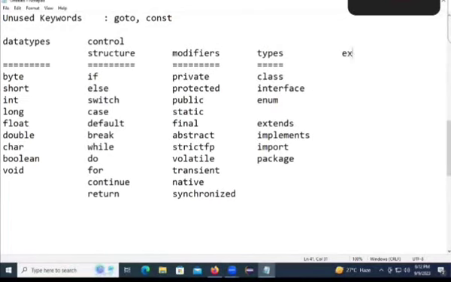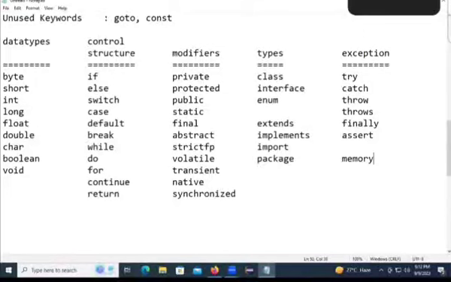Then exception and error related keywords: try, catch, throw, throws, finally.